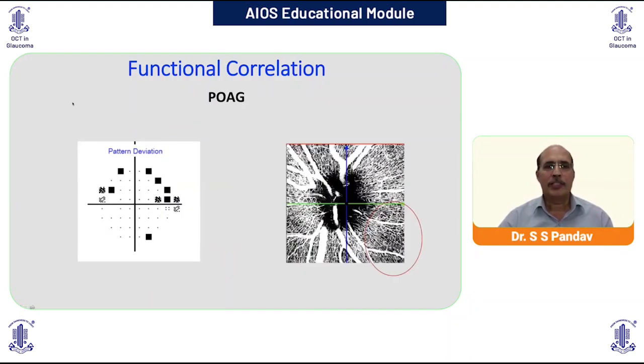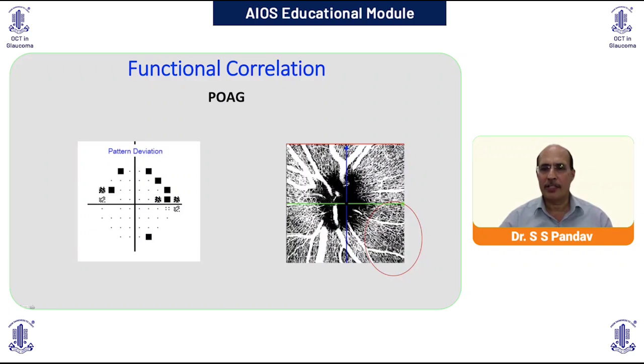This is another example, from a POAG patient, a 6-year-old male patient, who has been on treatment for POAG, and this is an early disease. You can see on the right side, in this OCTA picture, in the red circle there's some decrease in the vascular density in that quadrant.